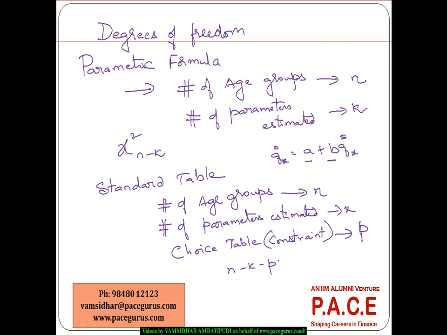And when I'm using the graphical method, that's even more challenging, how many degrees of freedom I have to use, because the calculations are more or less the same: actual deaths minus expected, whole square, divided by the variance, which I can very comfortably take.